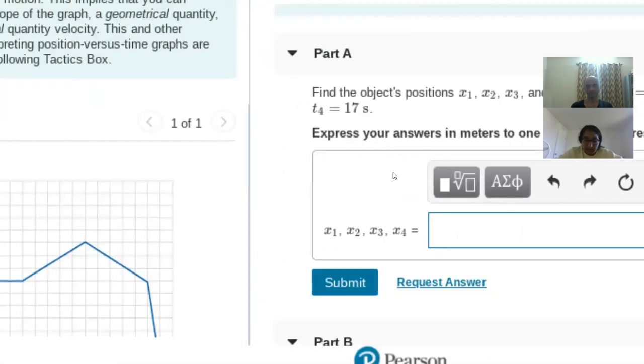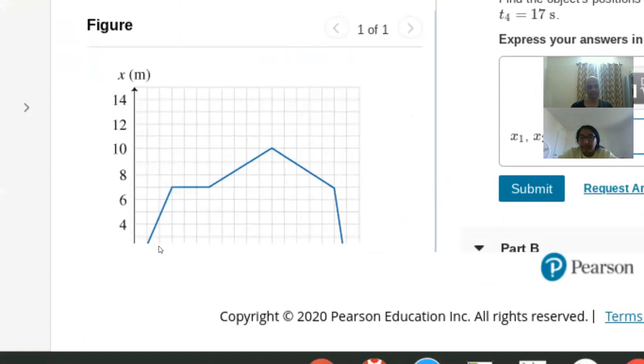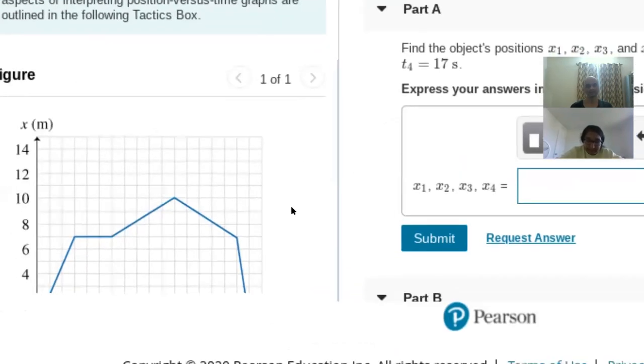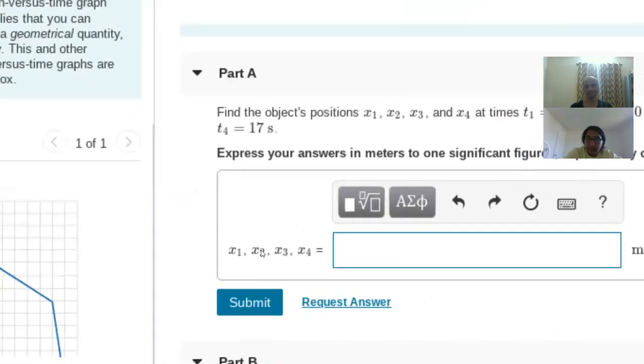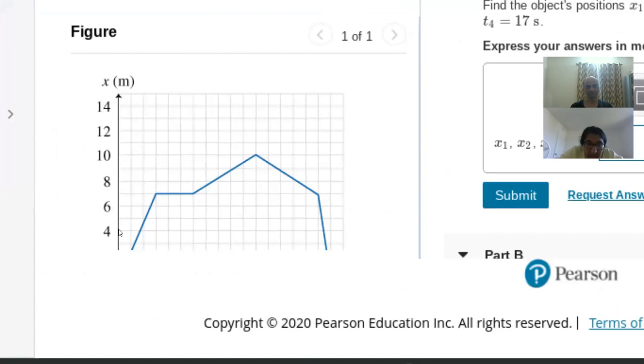So x1 is 4.5. x2 is at 4, right? It should be at 7. So it's 7. And x3 is at 13 seconds. See, this one is not on a number either. It's 9.